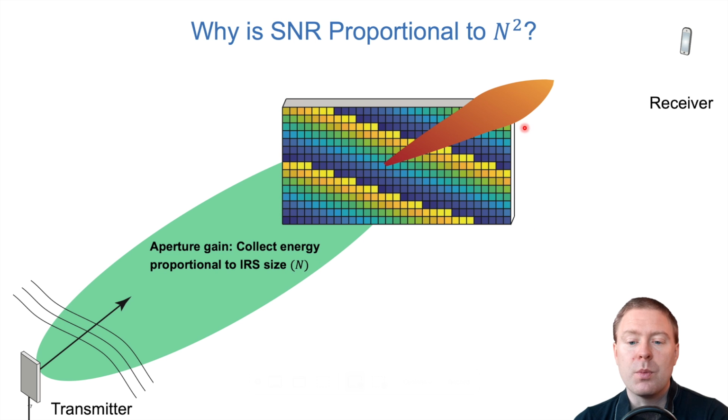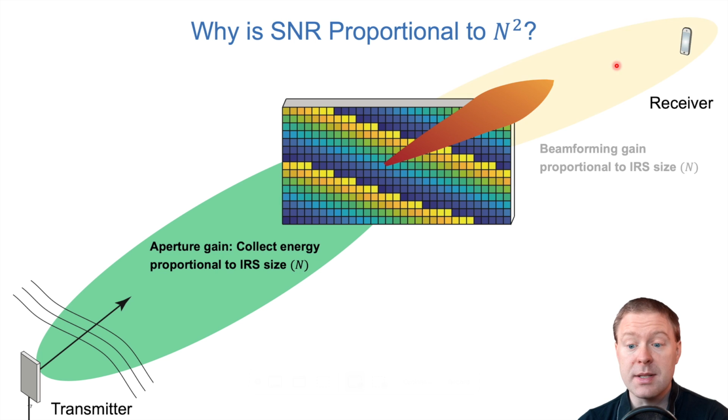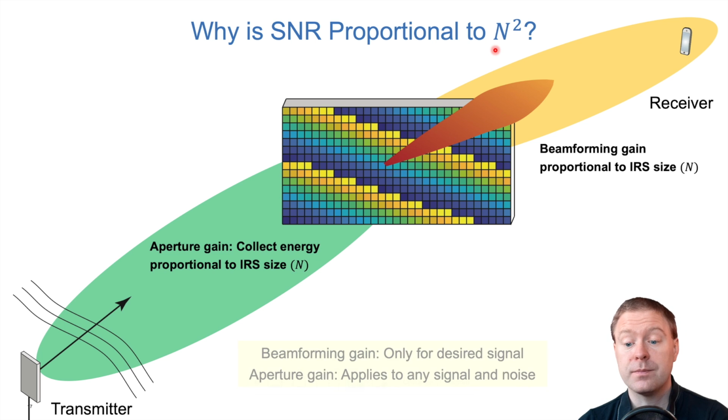Then we let the surface beamform the signal in a passive manner towards the receiver. And the larger the surface is, the more directive this beam is going to be. And that's why we get the beamforming gain that is proportional to the number of elements. And then n times n becomes n squared. So that's why the SNR is growing like n squared.